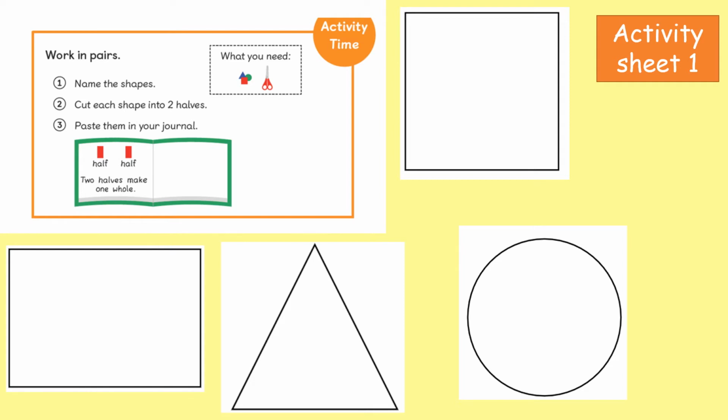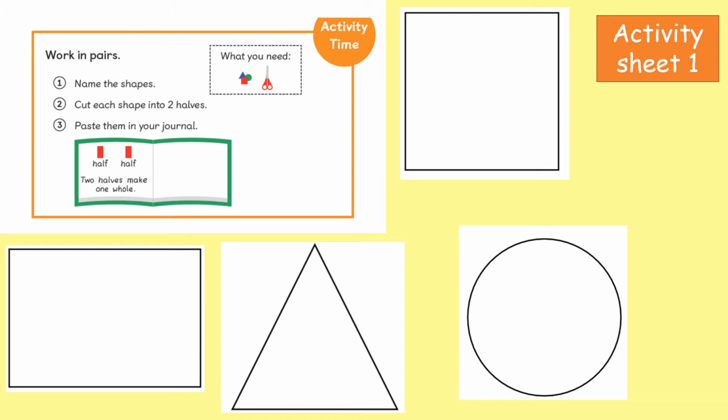You can pause the video and you can have a go at cutting those shapes into halves. Now, if you want a challenge, there is more than one way of cutting them into halves. So you could print out another set of shapes and try cutting them into different halves. Some shapes can be cut into different halves.